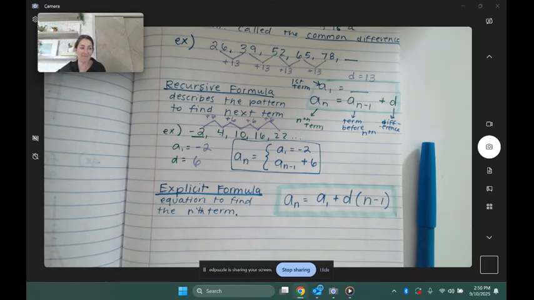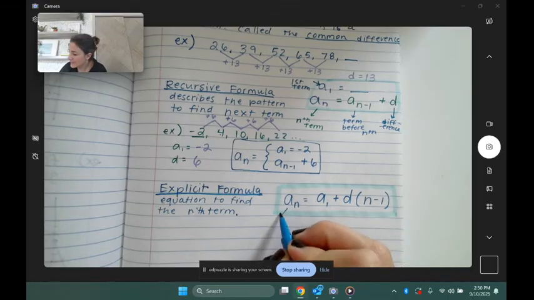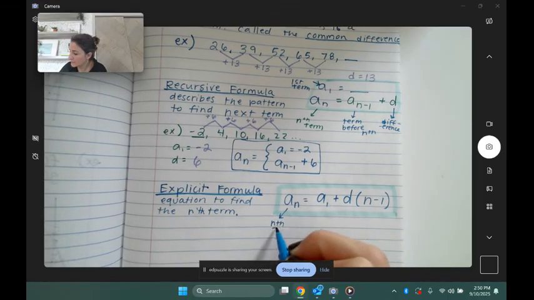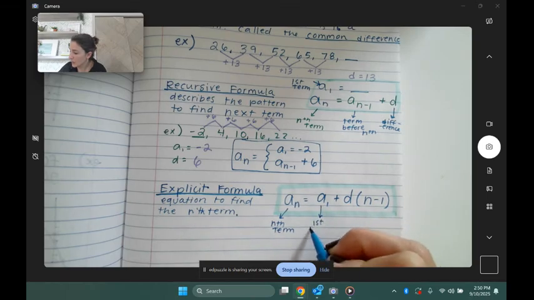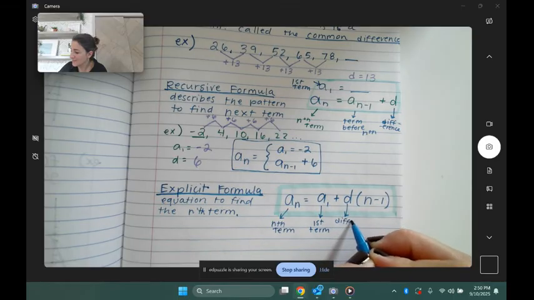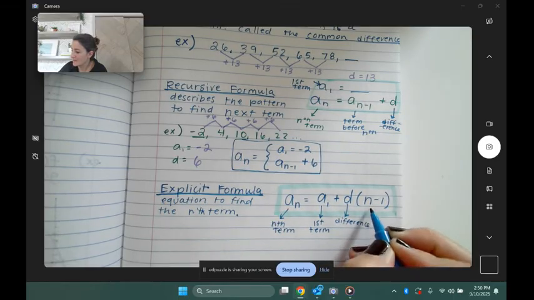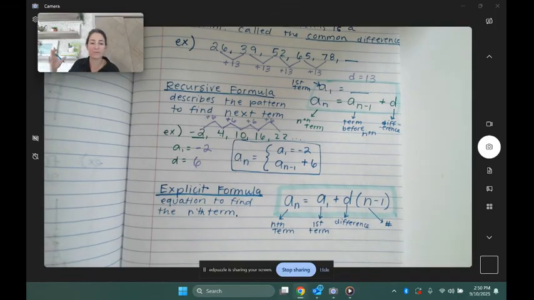So this is, again, going to be your nth term. This one's going to be your first term. This is your difference. And this is just the number of what term you're trying to find.